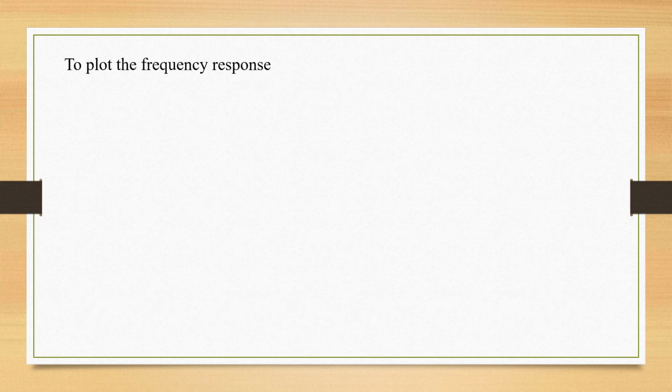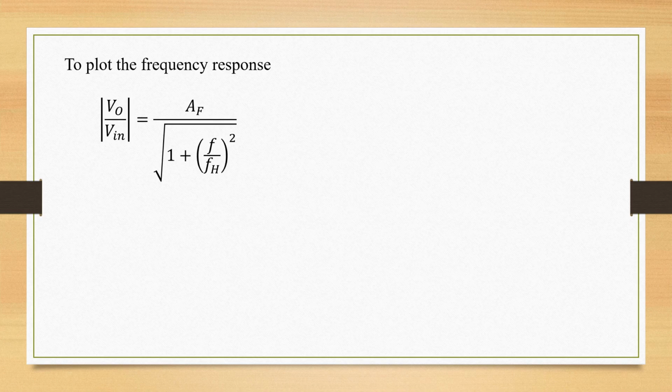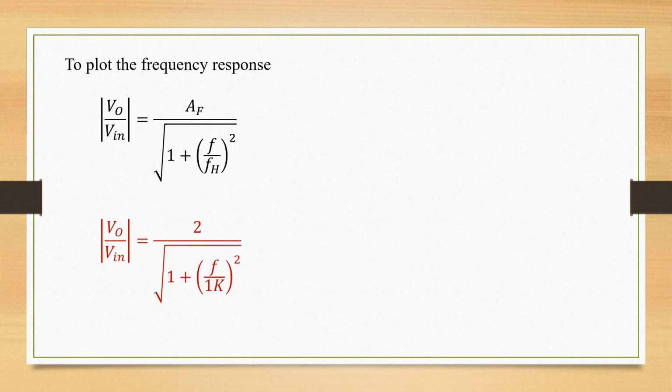To plot the frequency response curve, we use the expression magnitude of V0 by Vin, which is the gain, equal to AF divided by square root of 1 plus F divided by FH whole square. FH is 1 kilohertz and AF is 2. Substituting, we calculate the value for the unknown frequencies F.